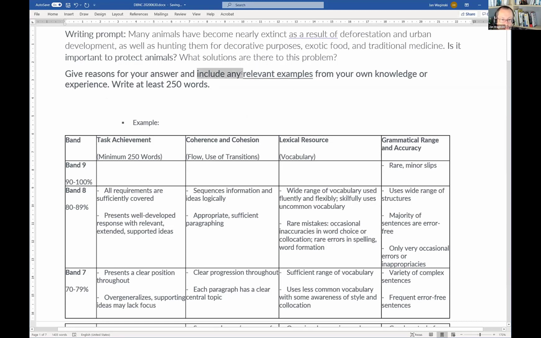This is not a suggestion, this is a requirement. You have to include examples. Now the problem is you don't have access to resources when you're writing the exam, right? You don't have your phone, you can't look things up on the internet. You can make things up. In fact, you have to make things up if you can't think of anything that's real.